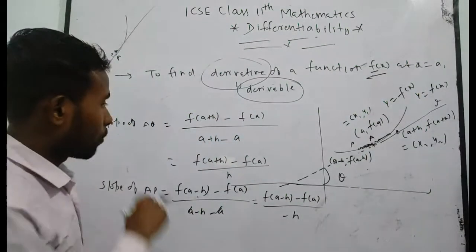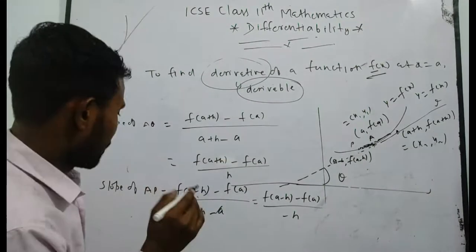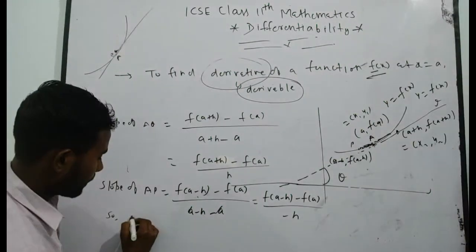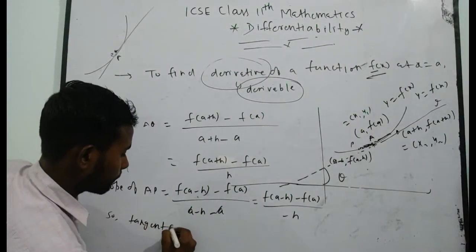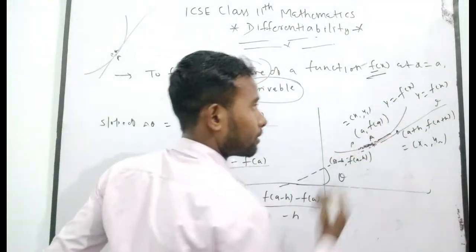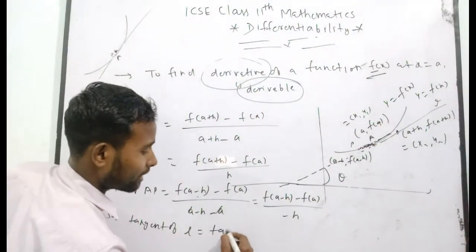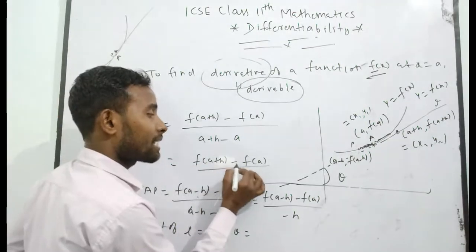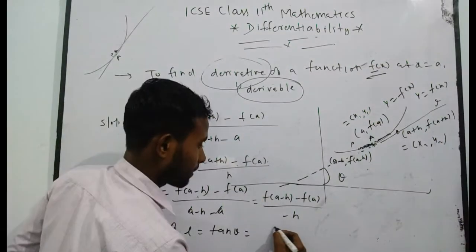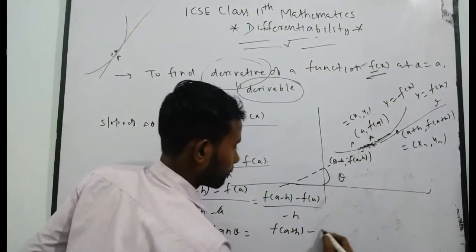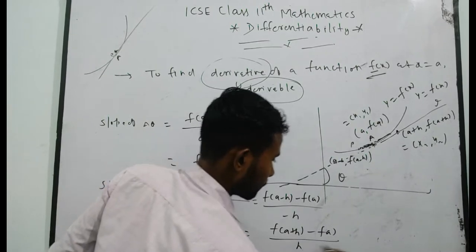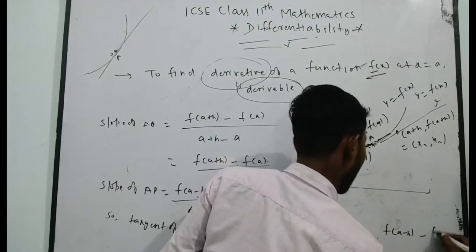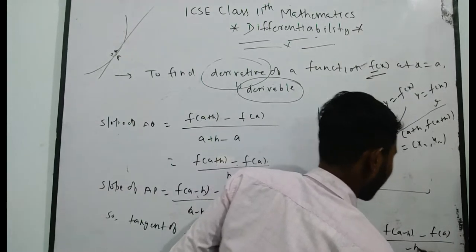So the tangent of the angle, tan theta, is equal to (f(a+h) minus f(a)) by h, which is equal to (f(a-h) minus f(a)) by minus h.